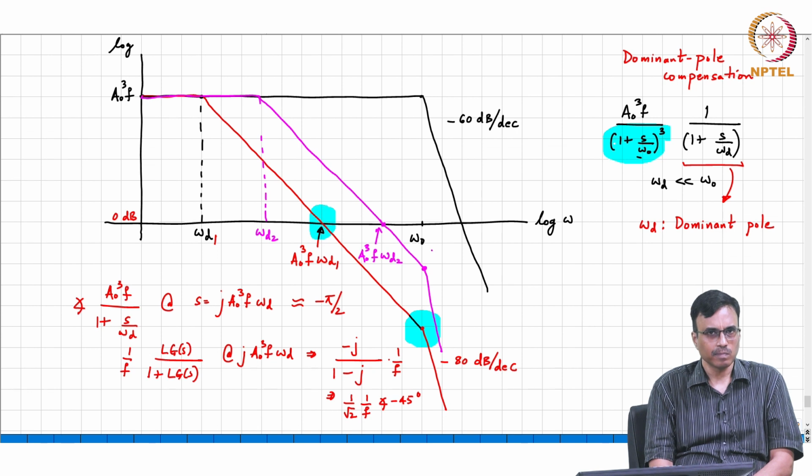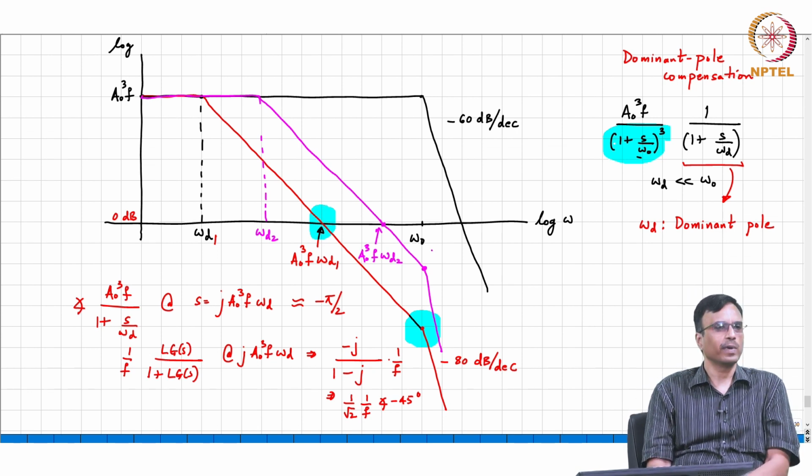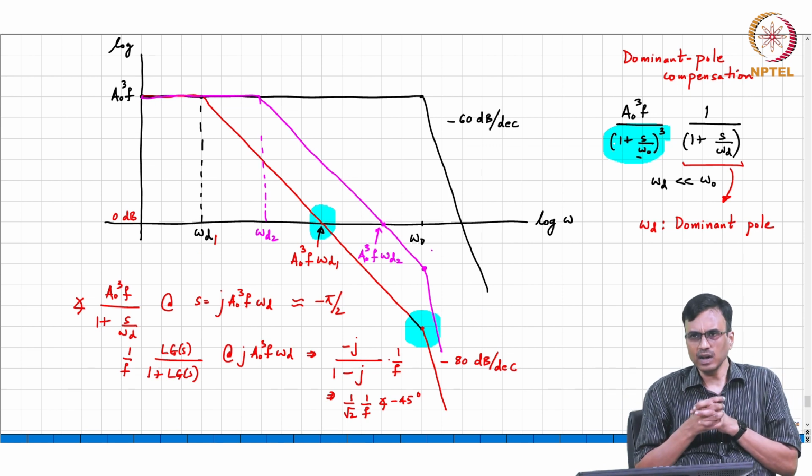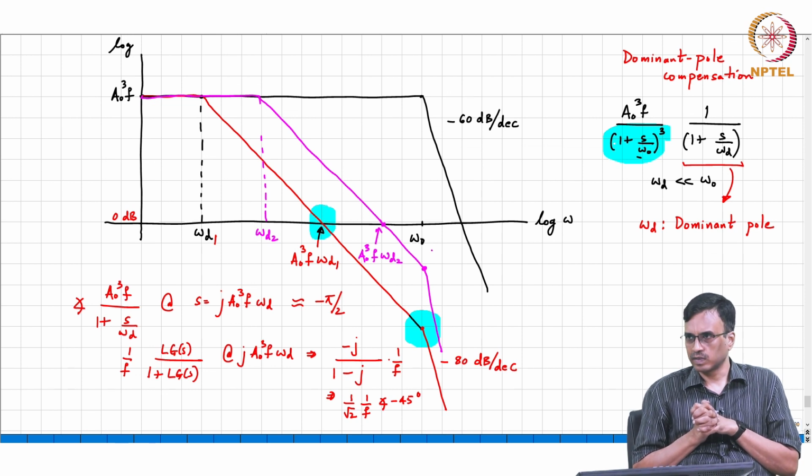Is that clear? As you can see in this example, both omega d1 and omega d2 seem to be doing a reasonable job of making the system stable. But clearly omega d1 is doing a better job of making it look like a first order system when compared to omega d2, correct.